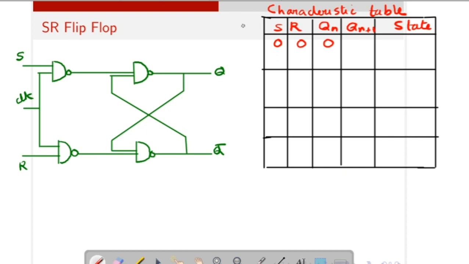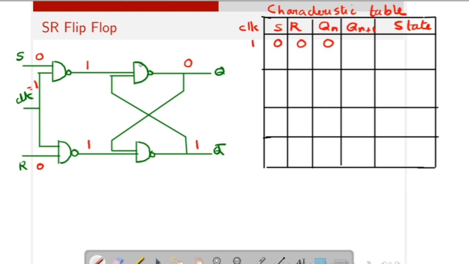Here we assume that we have a clock signal. So clock is equal to 1, then the inputs are 0 0 0. The present state is 0, which means Q bar is equal to 1. Since the clock is equal to 1, one of the inputs being 0 means the output is 1. Here also the output is 1.